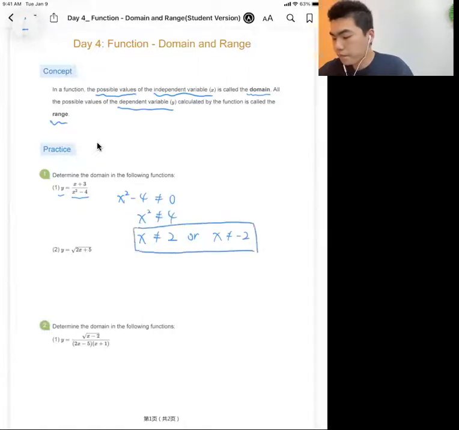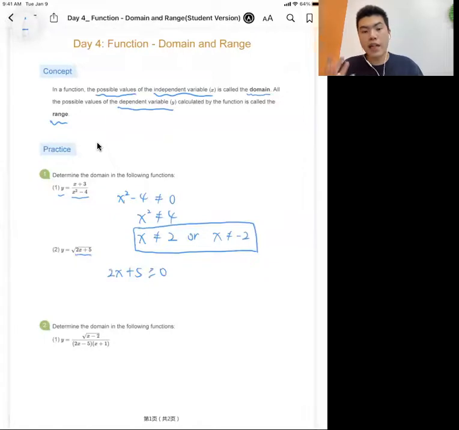So this is one case of finding the domain, where we have restrictions on the denominator. Now if you look at the second function, we have a radical expression, a square root. For the square root, we have a restriction on the number under it: this number has to be greater than or equal to 0, because we cannot have, say, the square root of -4.